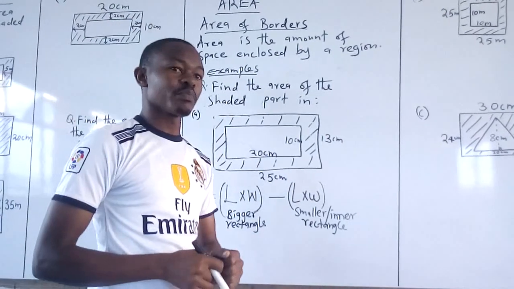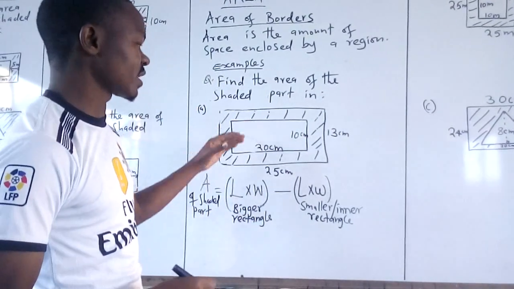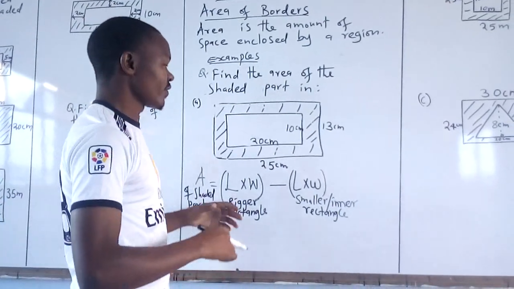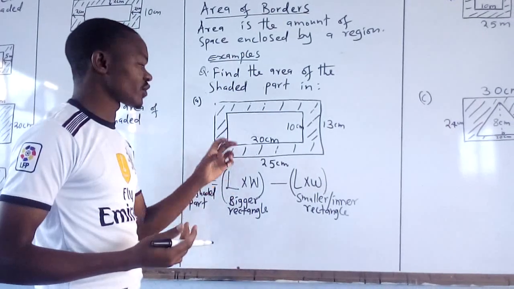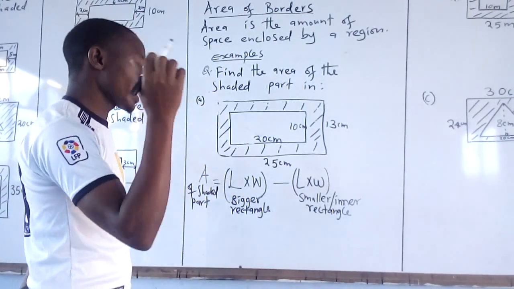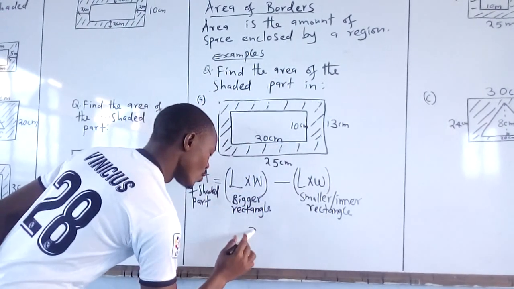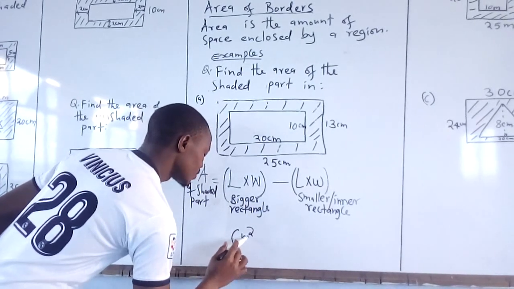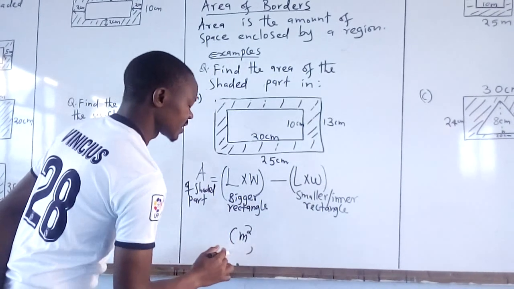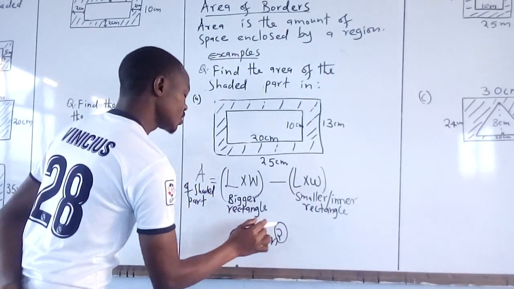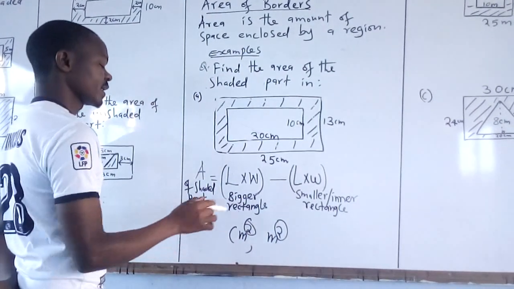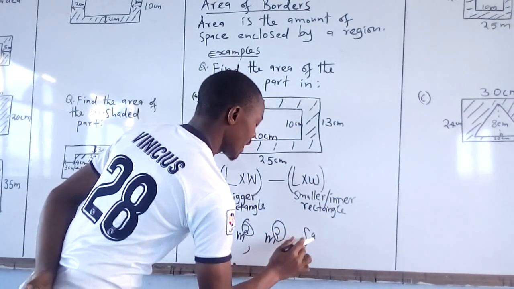Remember, area is measured in square units. If it is centimeters, we talk of square centimeters. If it is meters, we talk of square meters. We have to be very concerned with the unit that you've been given. And the square unit is just a small tool. So this small square here is what we mean by square units.